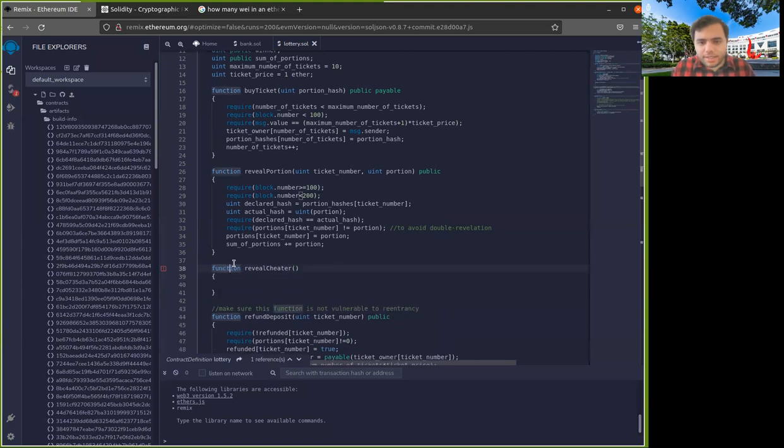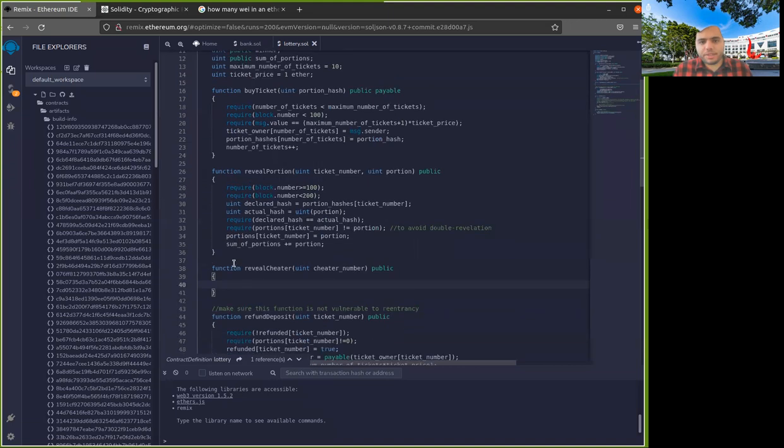And the idea is that anyone can call this function, and it can just give me the cheater's number, and claim that this person has cheated. Okay, and this is public. Now, why do I do this? Because think about what's happening on the blockchain.